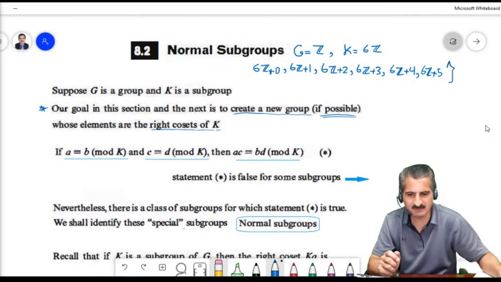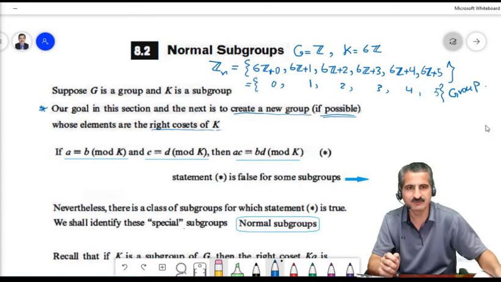And we denoted this by Z6, and then actually we used different notations for it. We used 0 for this, 1 for that, 2 for this, and 3 here, 4 for that, and 5.